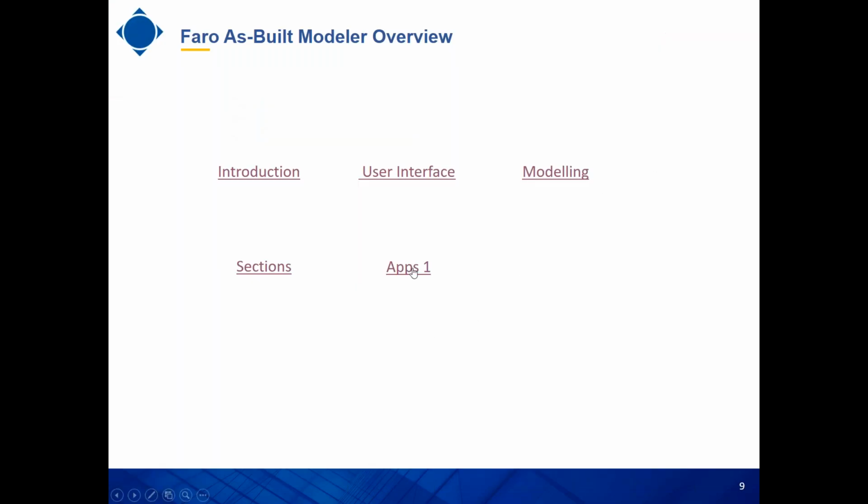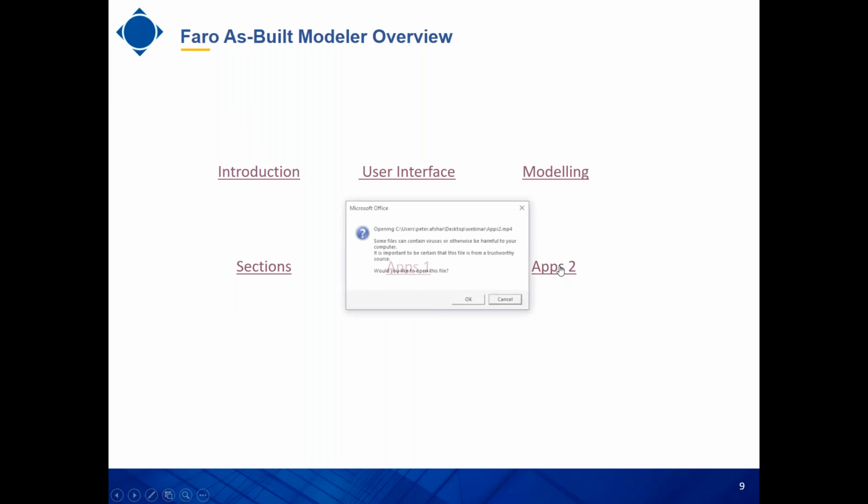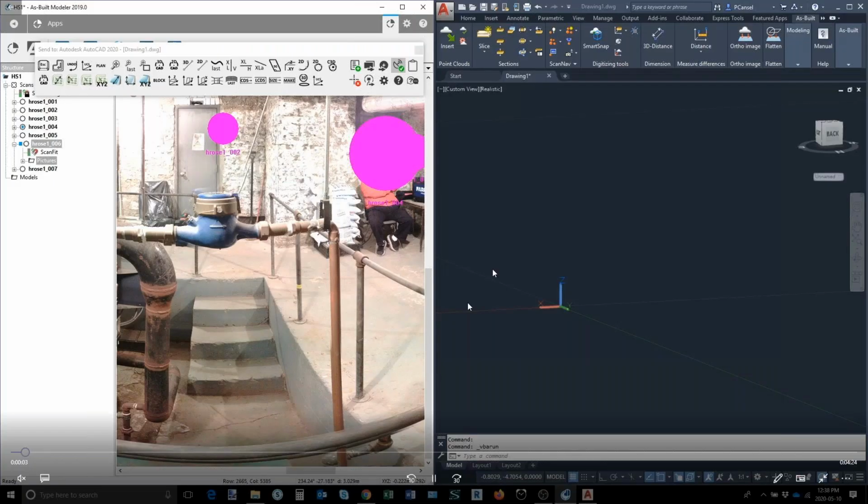So let's go for the last app that I'm interfacing the software into, Autocad. So as you can see, I have Autocad on my right-hand side, and I am interfacing the point cloud into Autocad.